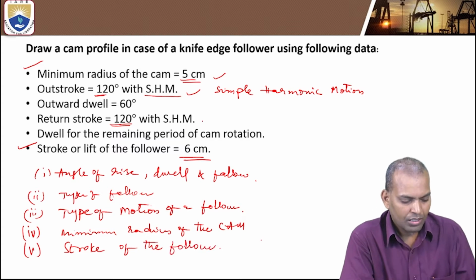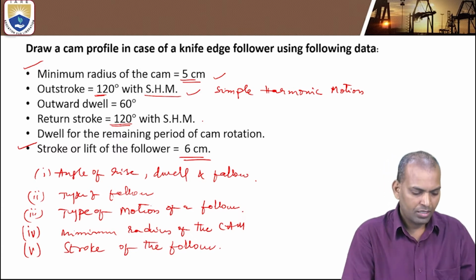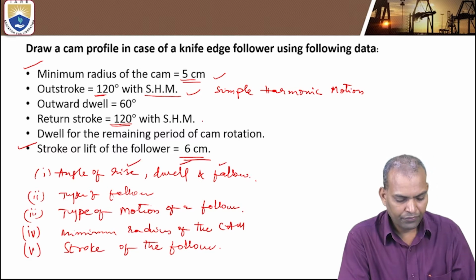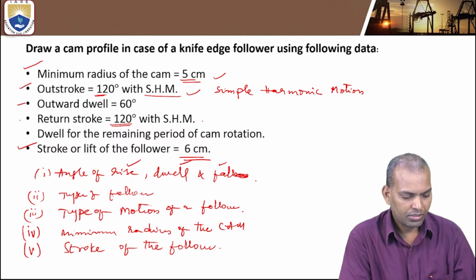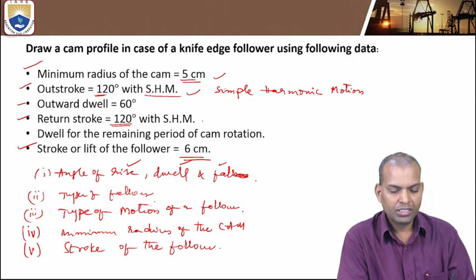All these parameters are given in this problem. The angle of rise, dwell, and angle of fall, that is the rise, dwell, and return stroke, were given. What is the type of follower?